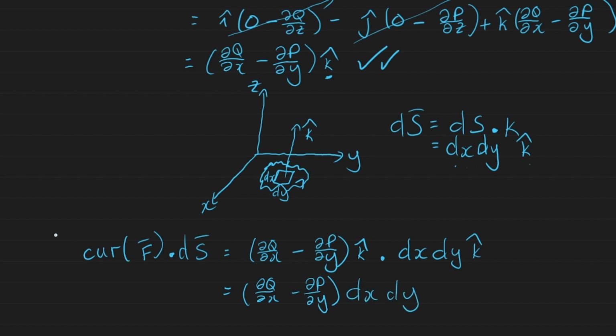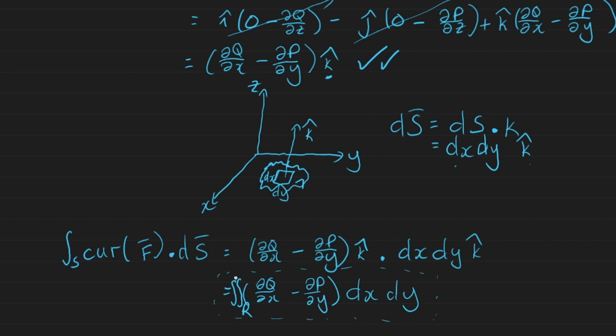And Stokes' theorem asks that we take the surface integral, so we integrate this across some kind of surface. What that corresponds to is taking the double integral over some region in the xy plane of this integral, and you can see that this corresponds to the left-hand side of Green's theorem.